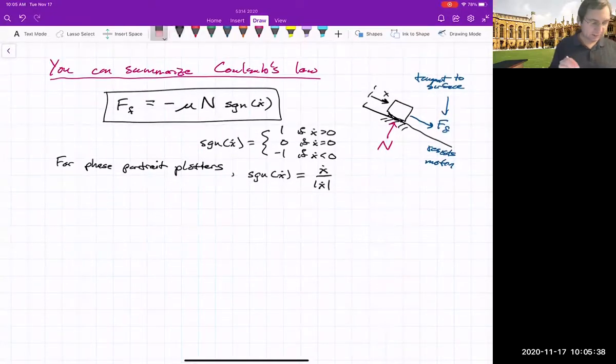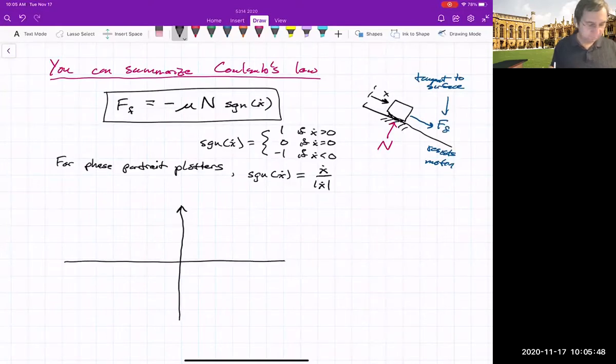When you do the experiments carefully, let me plot this, because this is just an approximation. So we've got x dot, and then here is the force of friction. What you would see, or at least what we've written up here, what have we written here?